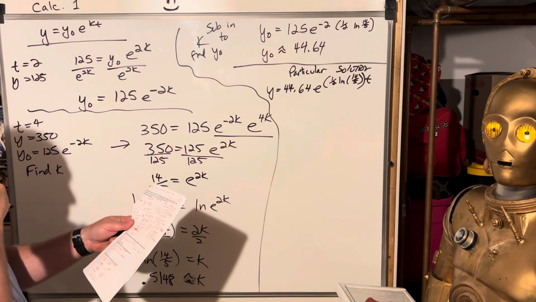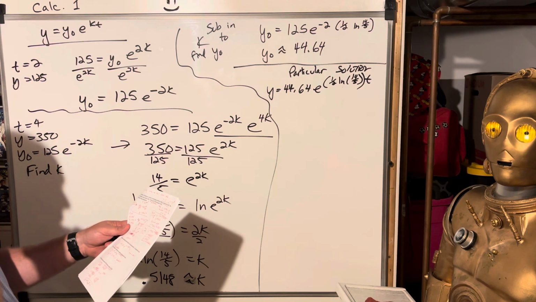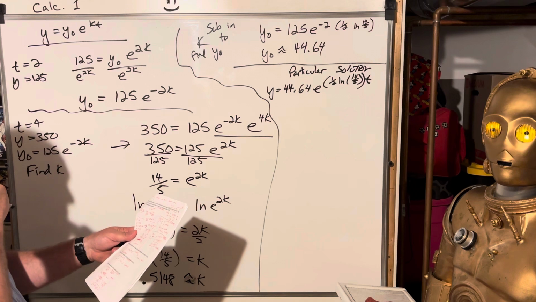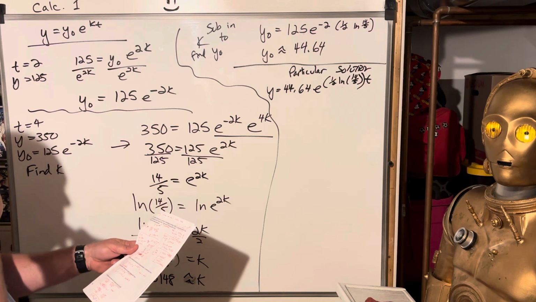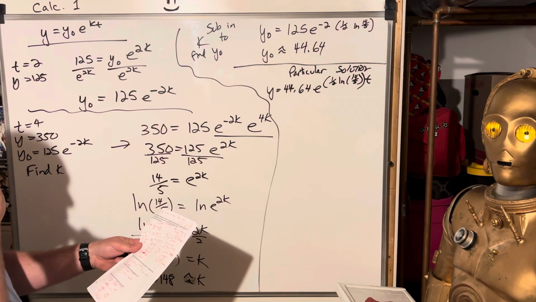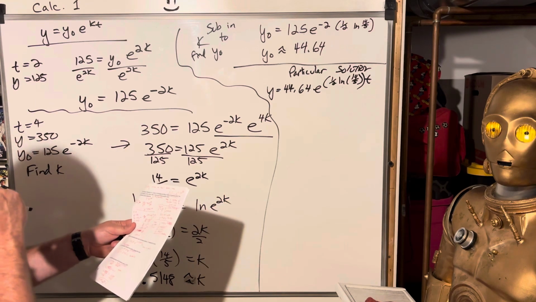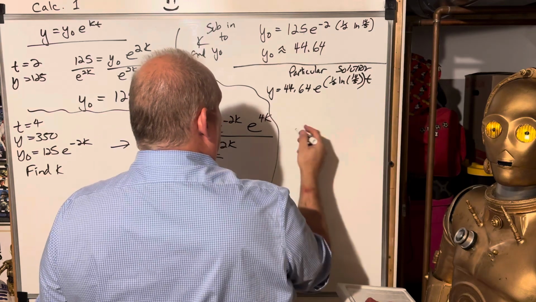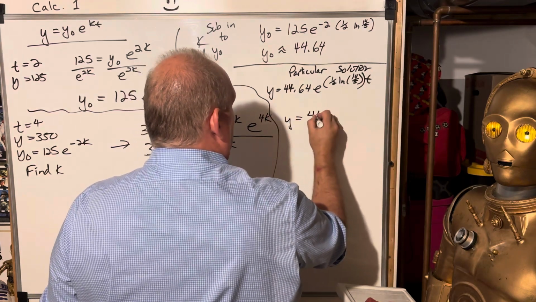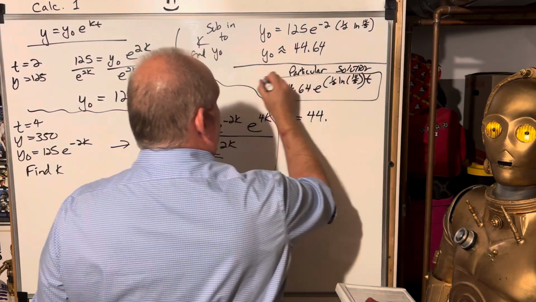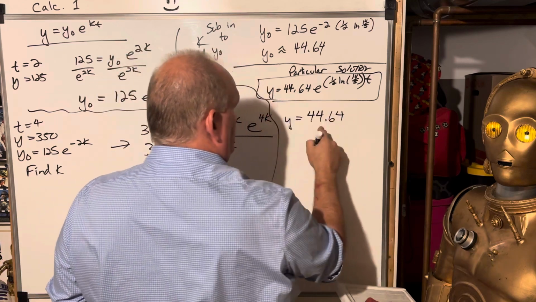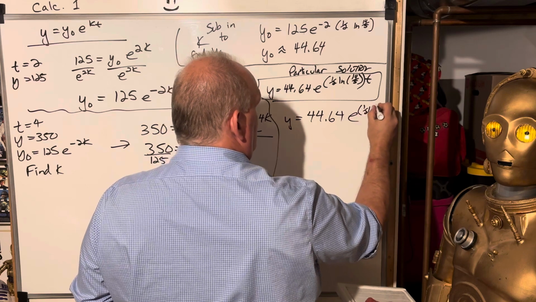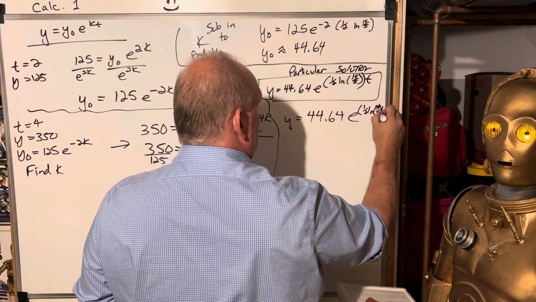All right, so find y when t is equal to 0. Well, we don't really have to do that. I thought they wanted to know. Oh no, they just want the initial population. Oh well, we had that already. That is the initial population. So you could put in 0 now into our particular solution, but it's just going to be that because it's e to the 14/5 times 0.